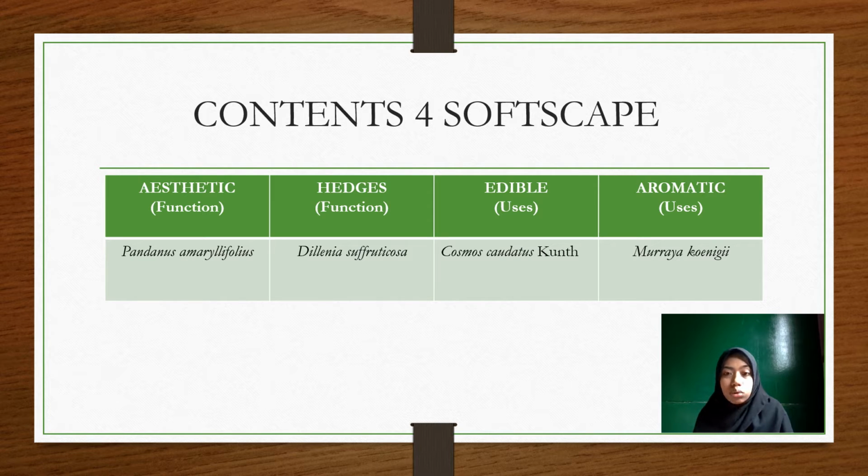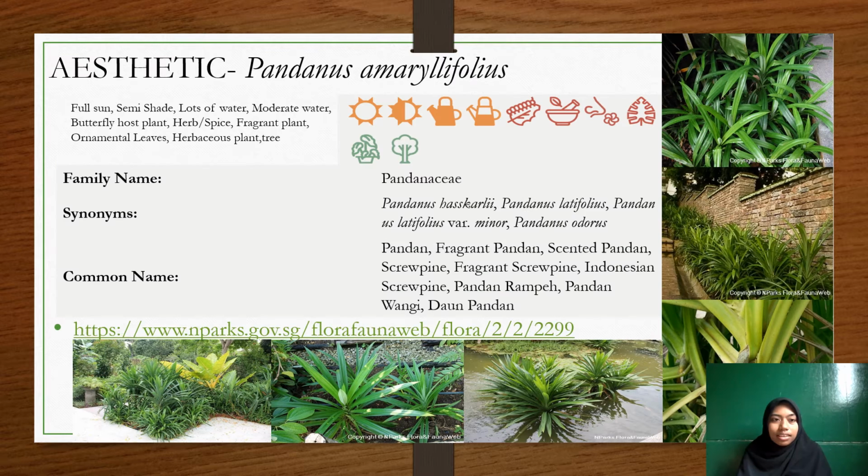And the two uses of plants that I choose are edible, which is Cosmos caudatus Kunth, and aromatic plant, which is Murraya koenigii. The plant that I choose is Pandanus amaryllifolius.